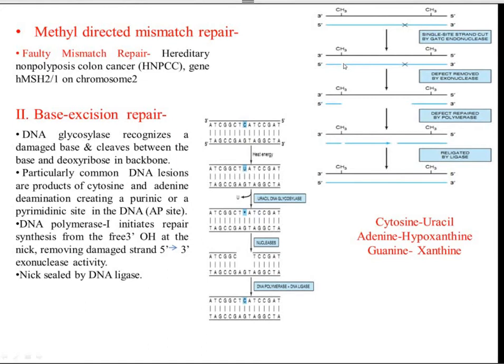Then exonuclease will start digesting this whole nucleotide sequence, which will include this mismatch site as well. Fine. Now, once this exonuclease enzyme has removed this complete set of nucleotides, this defect will be repaired by the DNA polymerase enzyme.